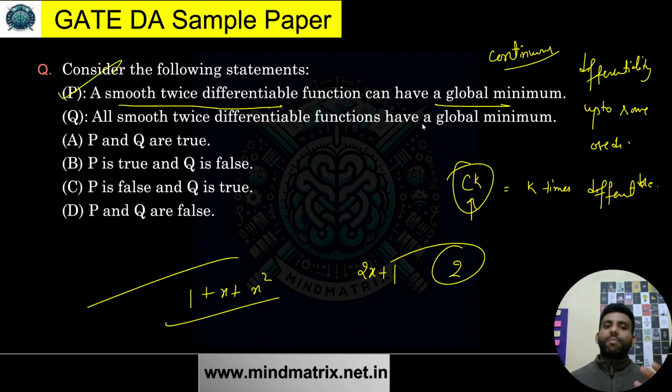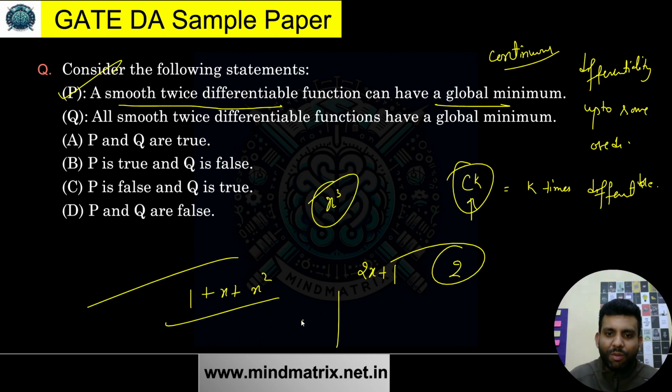If you remember, we saw a question in, I guess, video number 2, with 1 plus 2x plus 3x square plus 4x cube, up to a certain power. If I talk about x cube only, is it twice differentiable? Yes. Does it have a global minima? Just think about this.